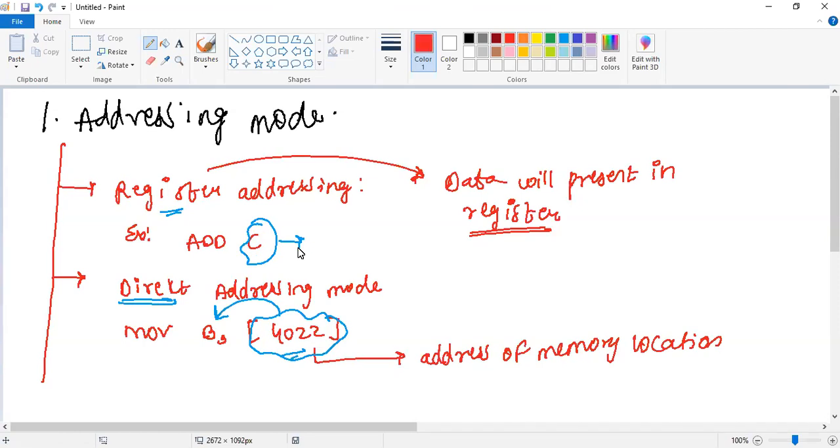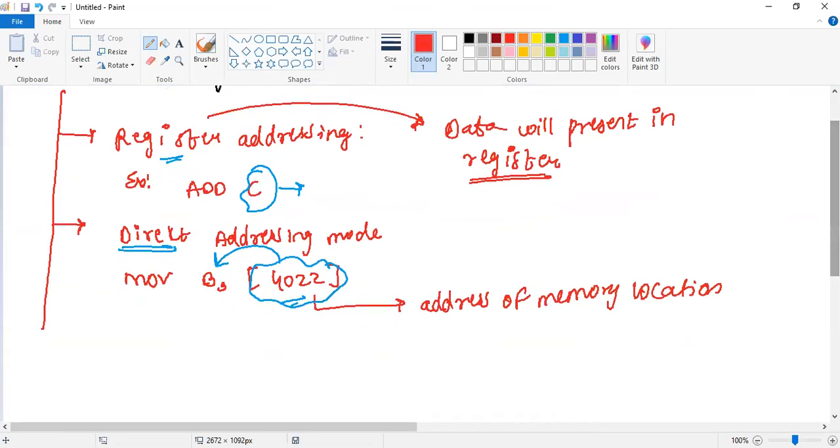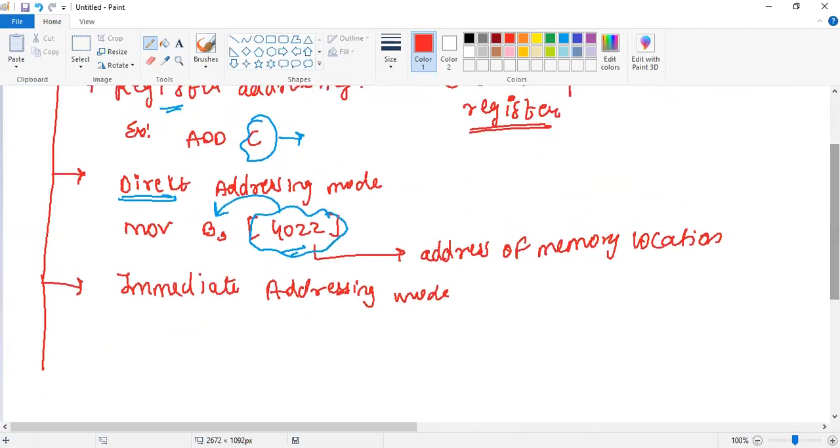After this, there is something called immediate addressing mode, or you can simply say immediate. In immediate addressing mode, we directly provide data.